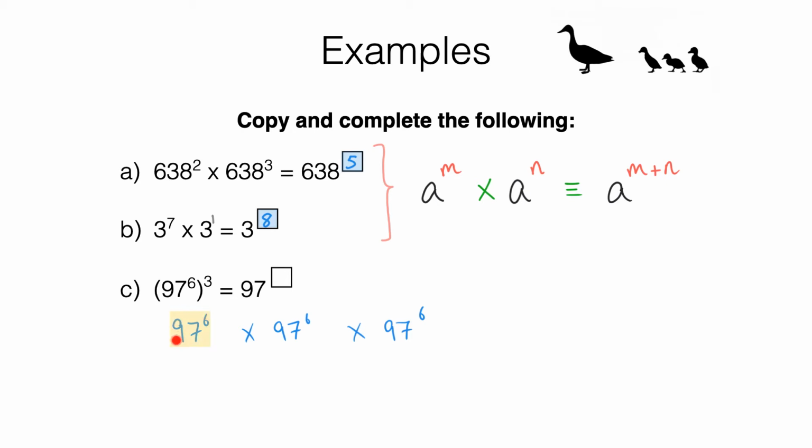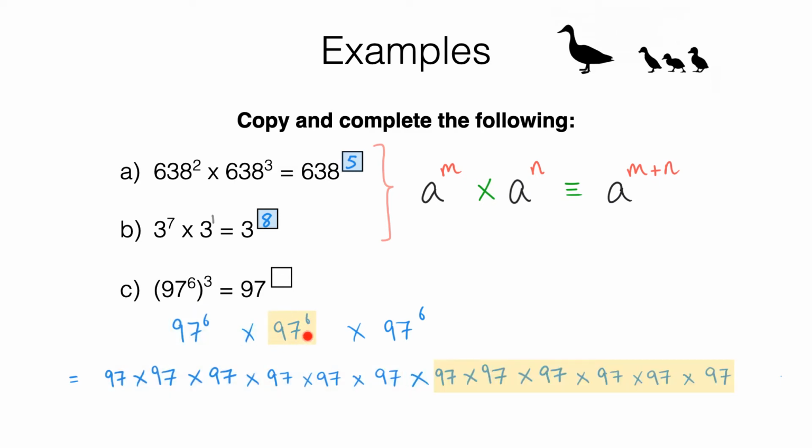But I know what 97 to the power of 6 is. It's just 97 times 97 times 97 times 97 times 97 times 97. And we need to take all of this and multiply it by another 97 to the power of 6 and then multiply by another 97 to the power of 6.